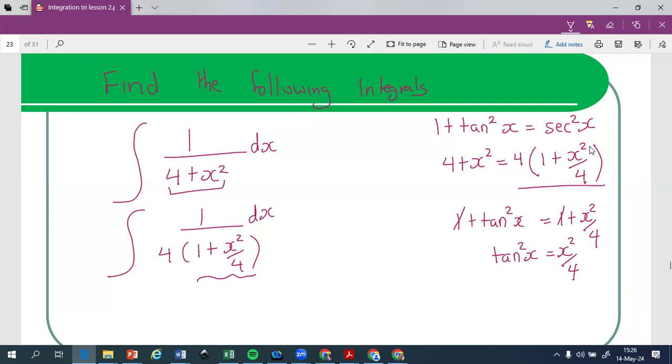I remain with tan of x is equal to the square root of x squared out of 4, meaning x squared out of root of 4. The square root of x squared is x and the square root of 4 is 2, so I end up with x out of 2. Members, are we together up to that step?